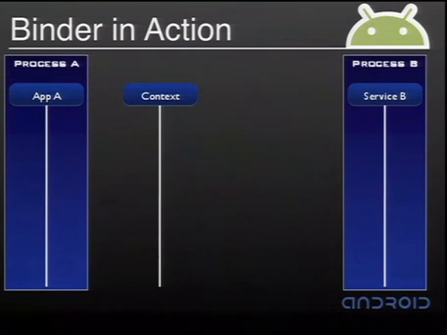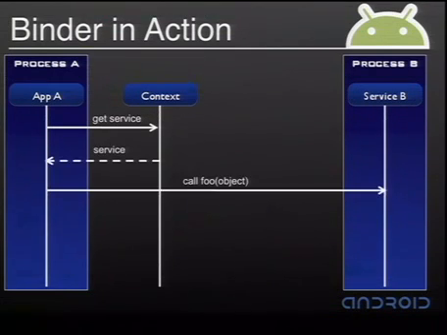At runtime, when processes start up, they're all behind the scenes registered with a context object. And so in a typical programming model, the app would just call the context to get a service, which would return the service, and you could call your method, say foo, passing an object over to the service. And that's really what it looks like to the application developer, or to an app calling a service at runtime.